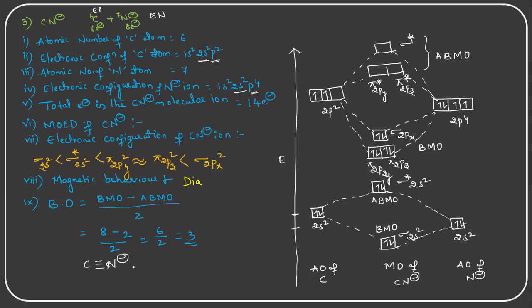And one more thing, this is isoelectronic with the nitrosonium ion, NO plus ion, as well as the N2 molecule. What is isoelectronic? Cyanide minus ion has 14 electrons, and NO plus ion also has 14 electrons, and the N2 molecule also has 14 electrons. So let us see now for nitrosonium ion.